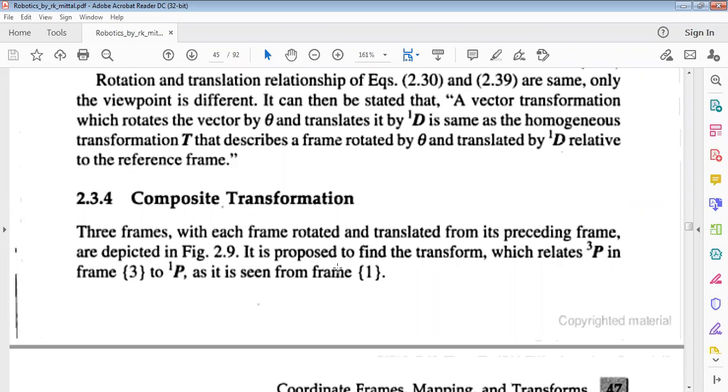So for that case, the concept of composite frame transformation is very essential in industrial robots. The topics above that we discussed in the last class and this class are all basic concepts, essential to develop the composite transformation.